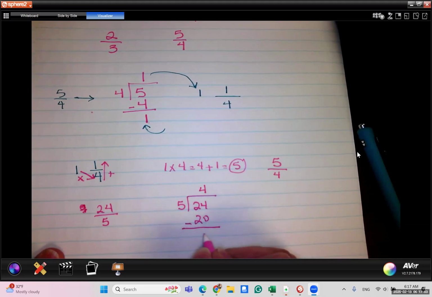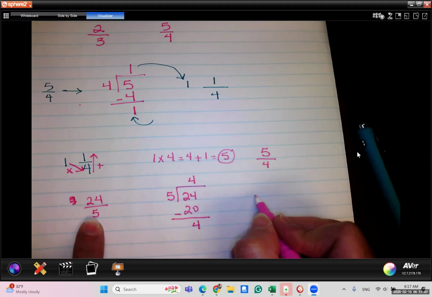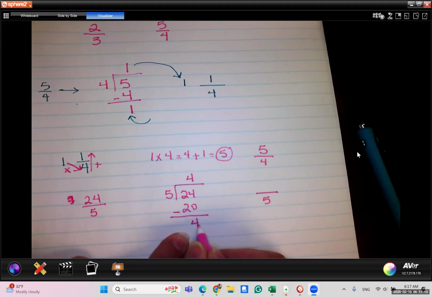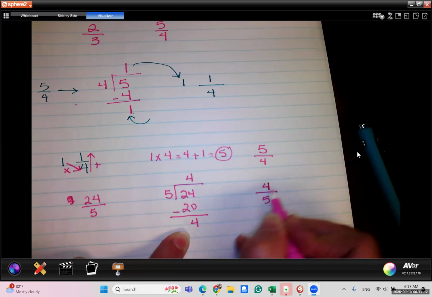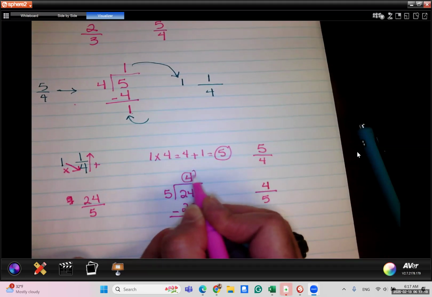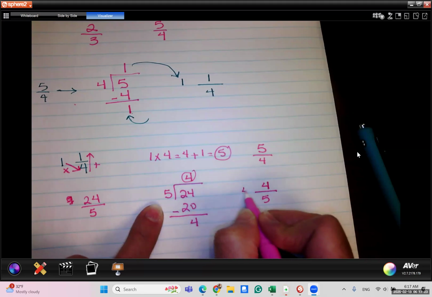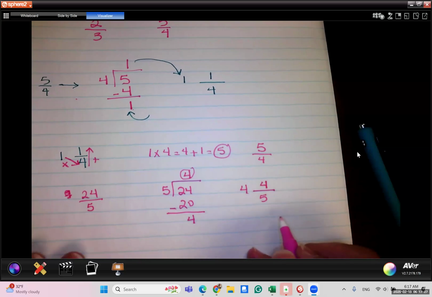Subtract 20 from 24, that gives me 4. So remember, my denominator stays the same, so my denominator is still 5. The remainder is my part, which goes to the top. And however many times 5 goes into 24 is your whole number. So that's 4. So 24 over 5 is 4 and 4/5.